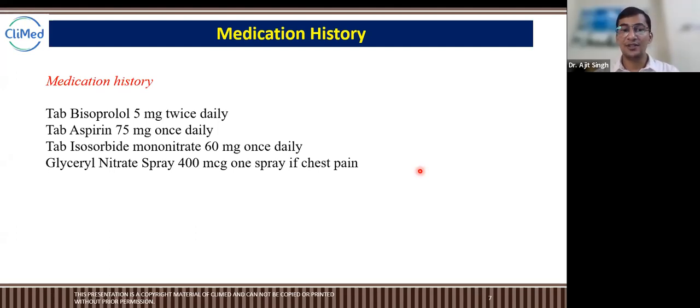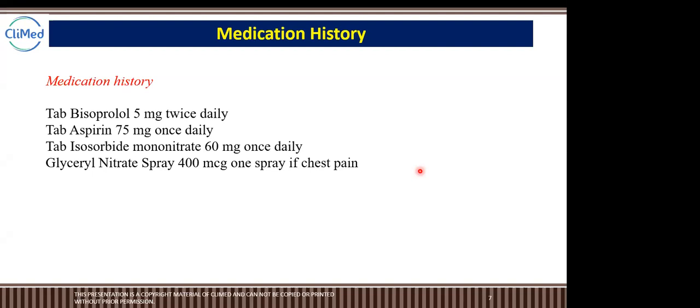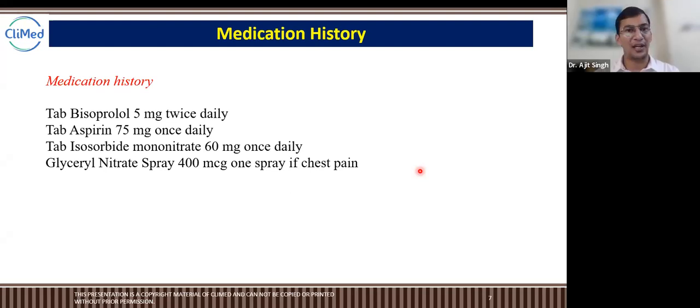Aspirin 75 mg, for infarction, ischemic heart disease. Blood thinner. Antiplatelet. Blood thinner is layman language. You are not laymen, so this is antiplatelet. Okay, aspirin 75 mg is an antiplatelet.